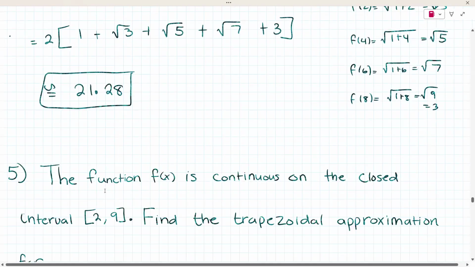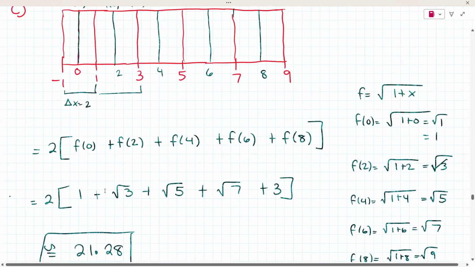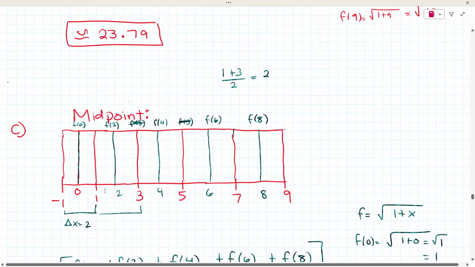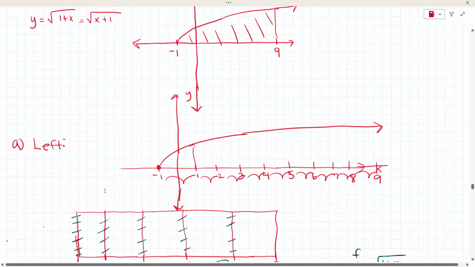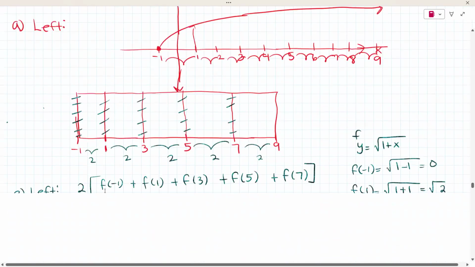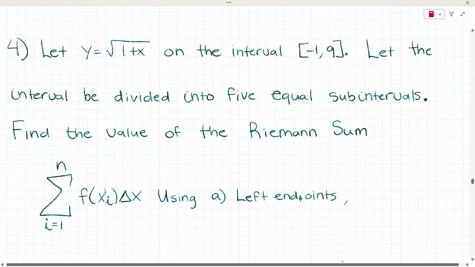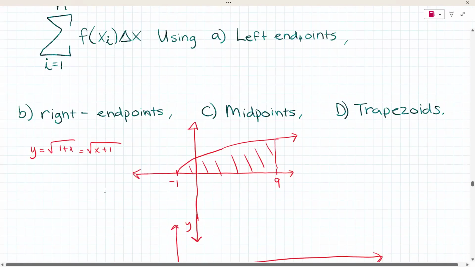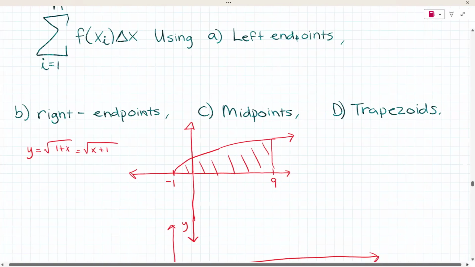So trapezoid is, I'm out of time. Here, let me move it to the right because I am out of space. Okay, so yes, move it to the right.